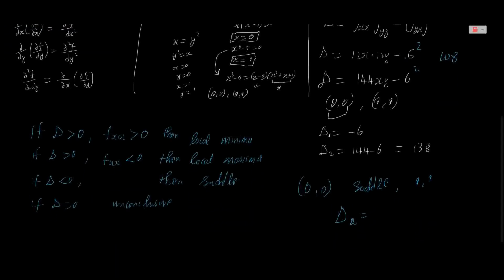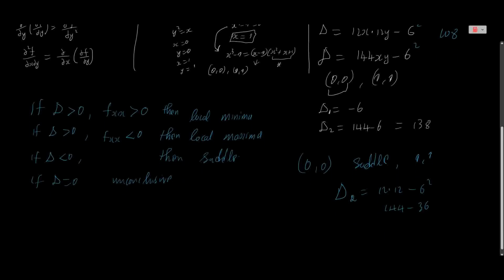So 12 multiplied by 12 minus 6 squared, which is 144 minus 36. Once you do the calculation, you're going to see that the result is definitely greater than 0.